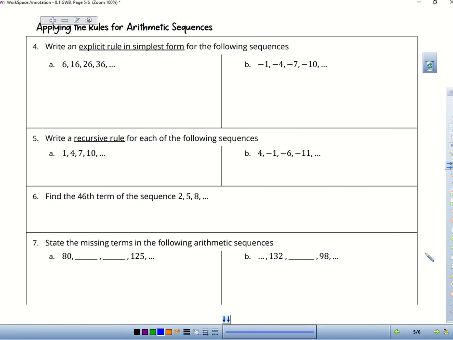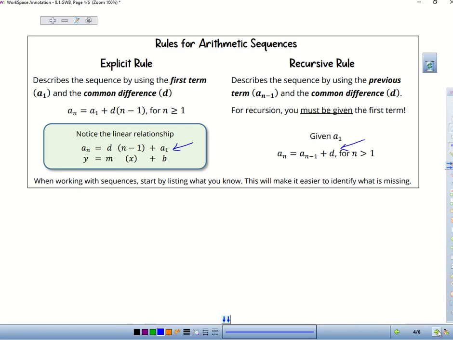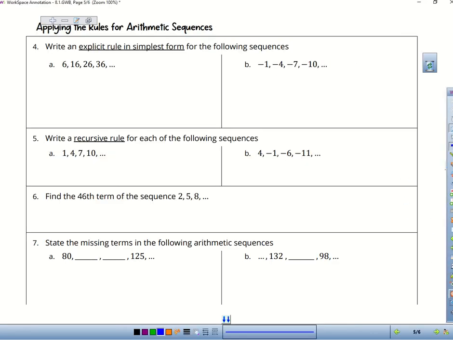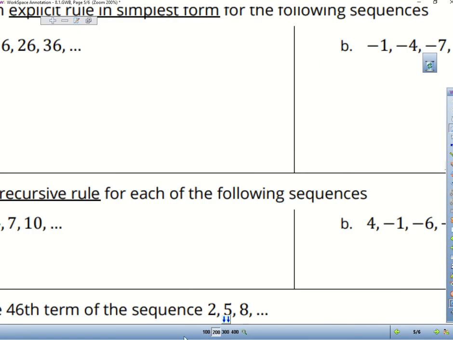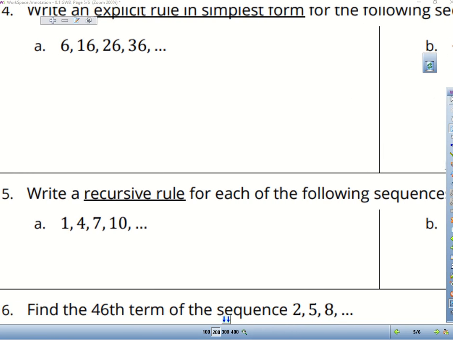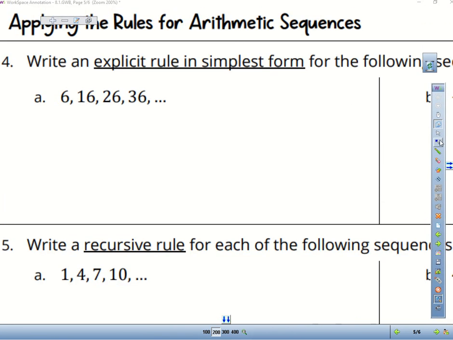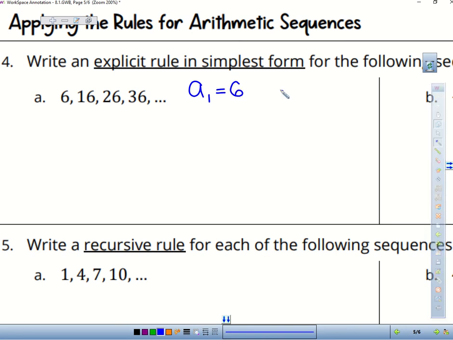So write the explicit rule in simplest form for the following sequences. So when you want to write an explicit rule, you need to identify a sub 1, which is your first term, which is 6, and your common difference, which is what? 10.